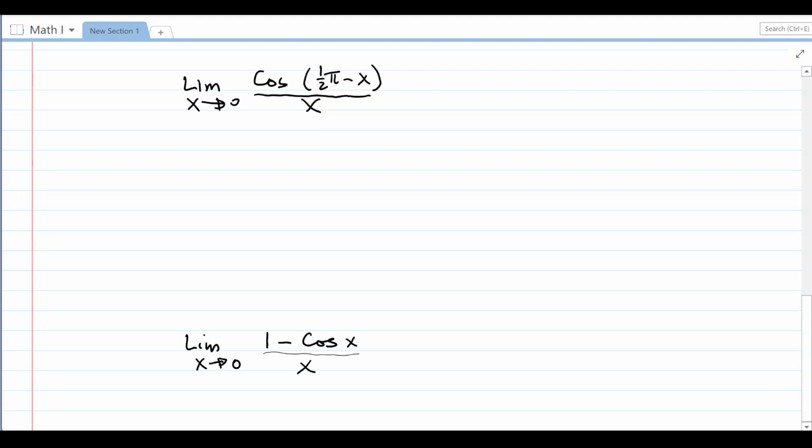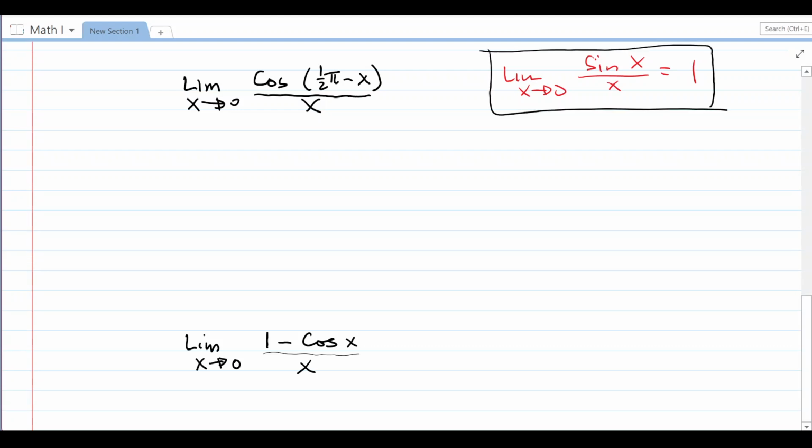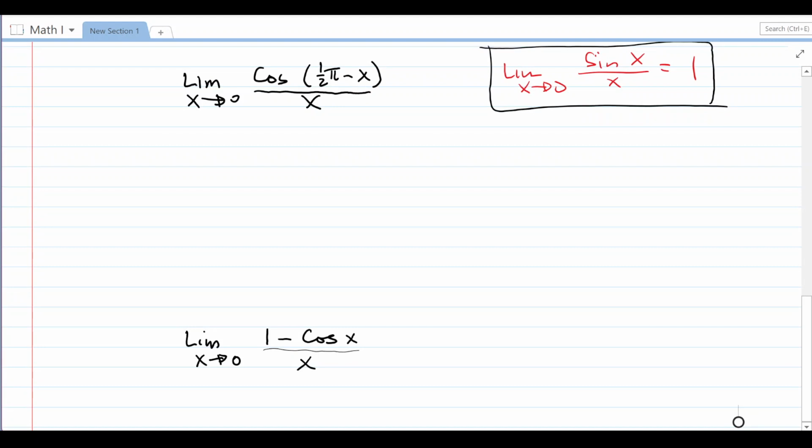In order to solve the problem using the information given, that the limit as x approaching 0 of sin x over x equals 1, we can modify the problem, cos of half pi minus x.